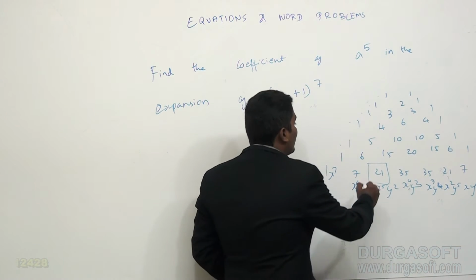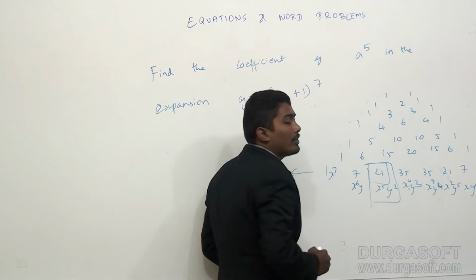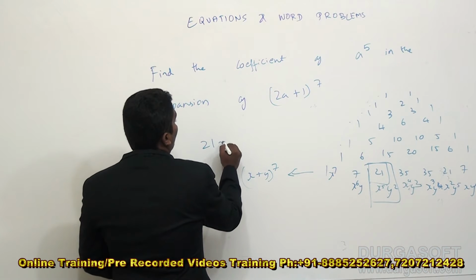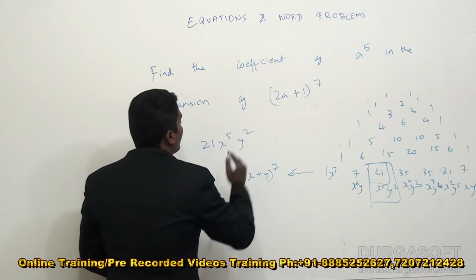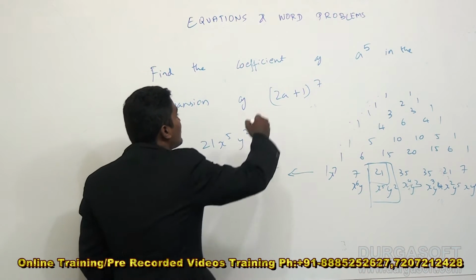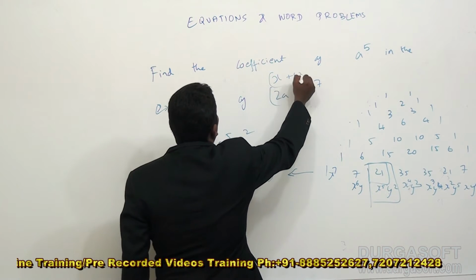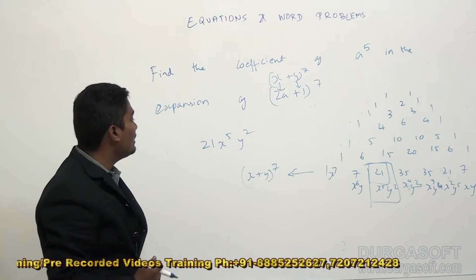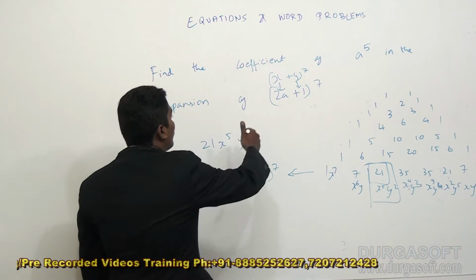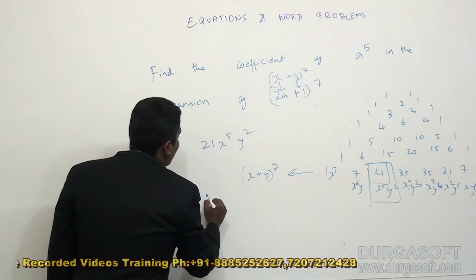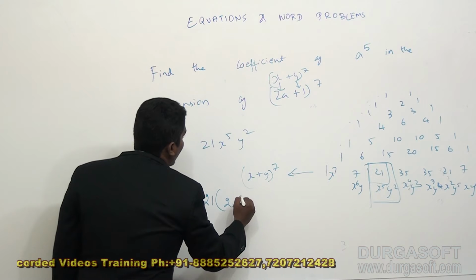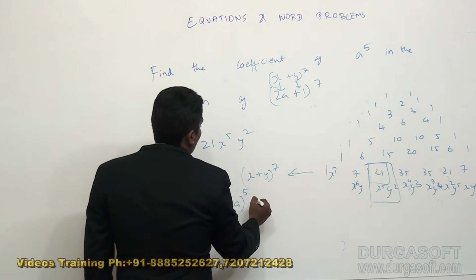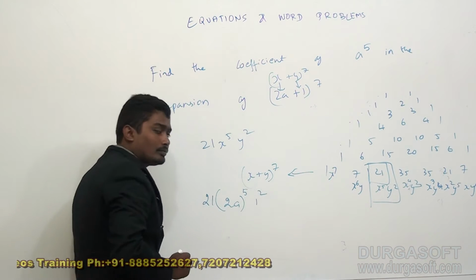Now the part we want is 21 into x power 5 y square. What is the value of x? This is of the form (x plus y) the whole power 7, so x is 2a and y is 1. Instead of x I will use 2a. So 21 into (2a) to the power 5 into y square, and y is 1 square.